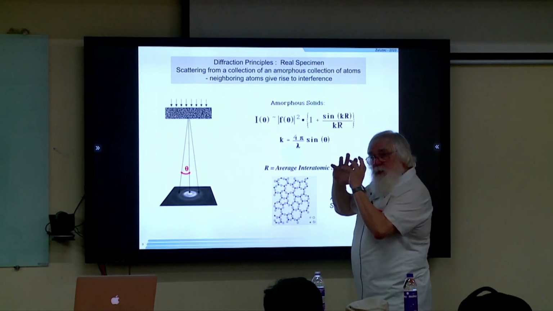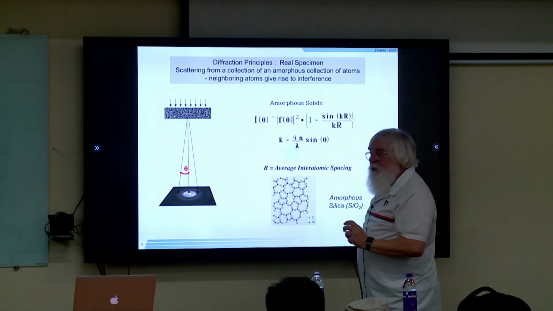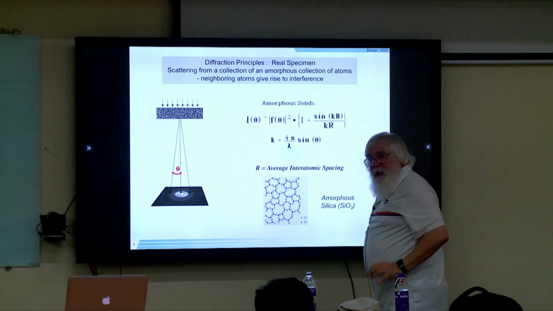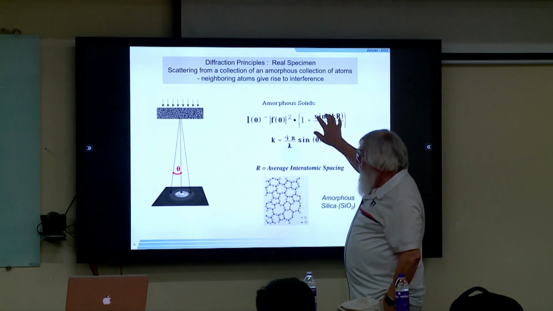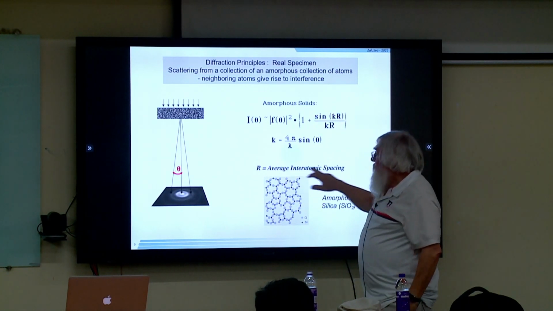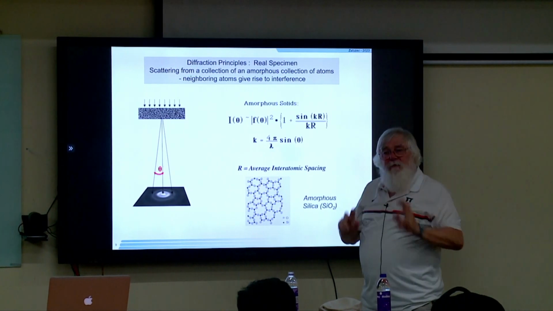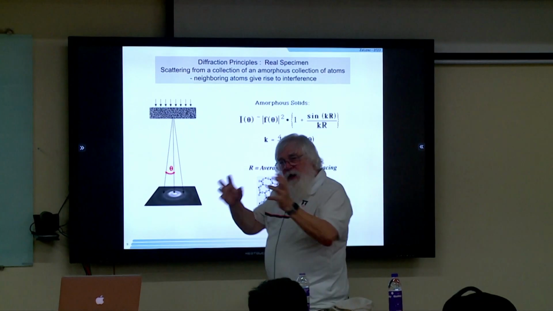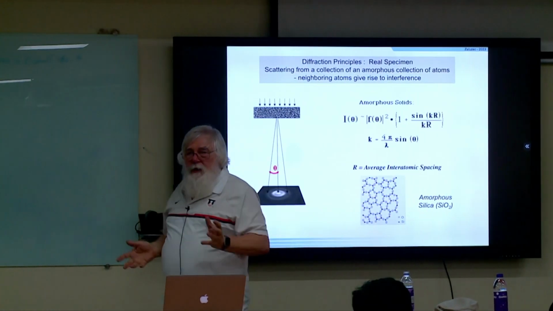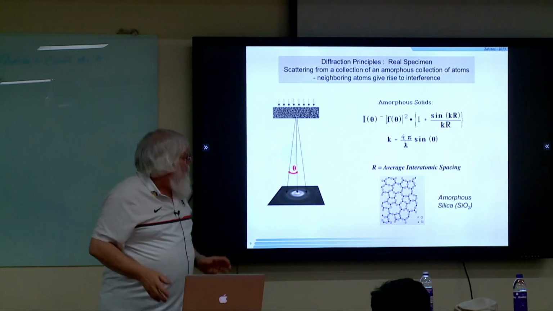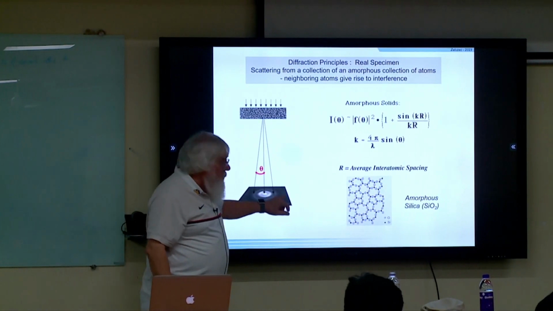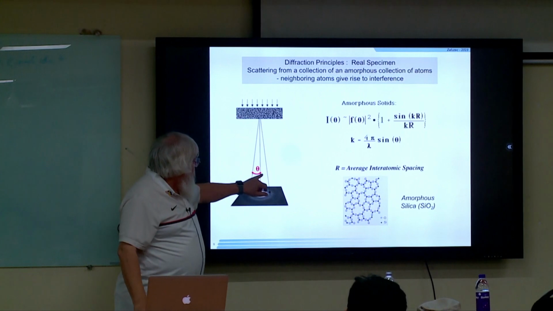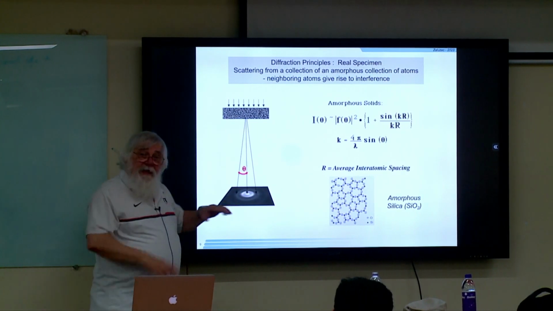However, as soon as we put those atoms together into some sort of collection, there's a multiplicative factor in there. That multiplicative factor has to do with the average interatomic spacing of the atoms. The more atoms there are, the closer packed they are, the more scattering you're going to get at a certain angle.